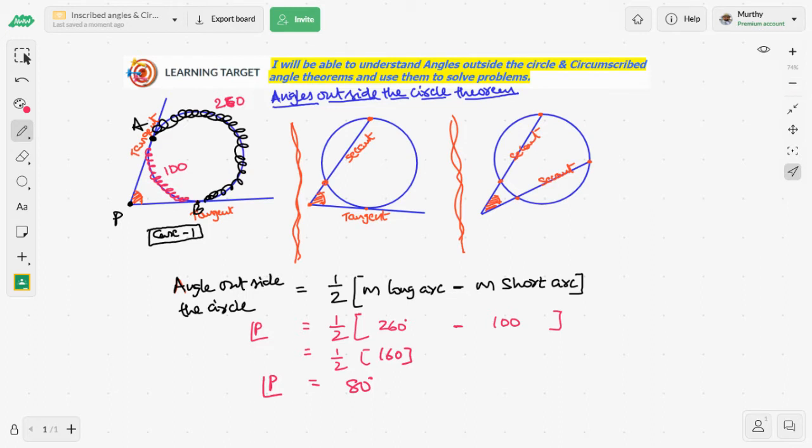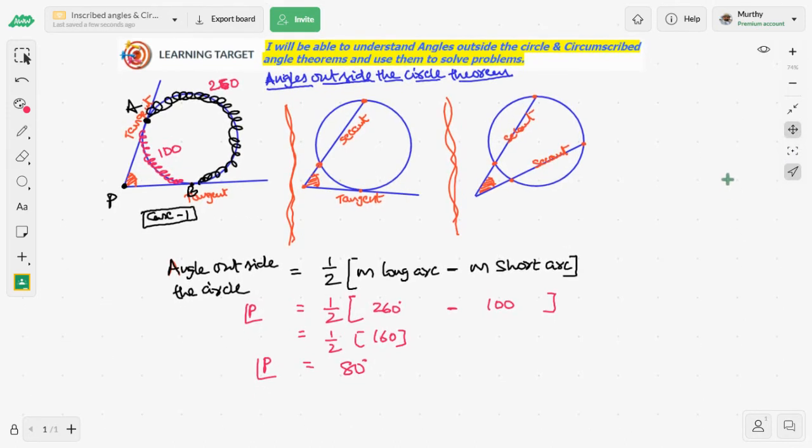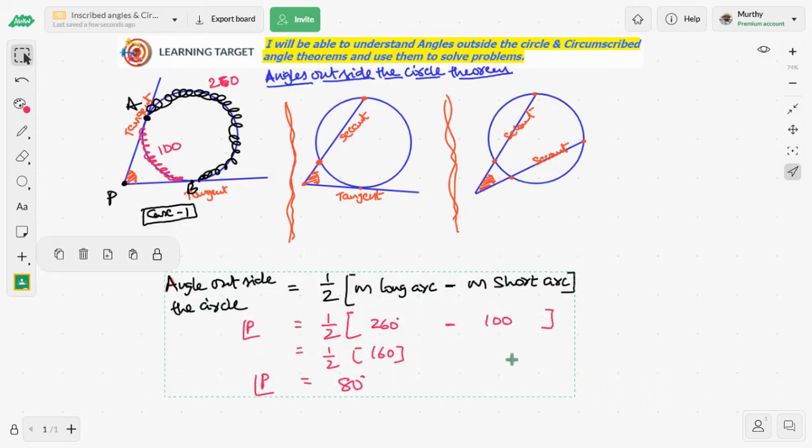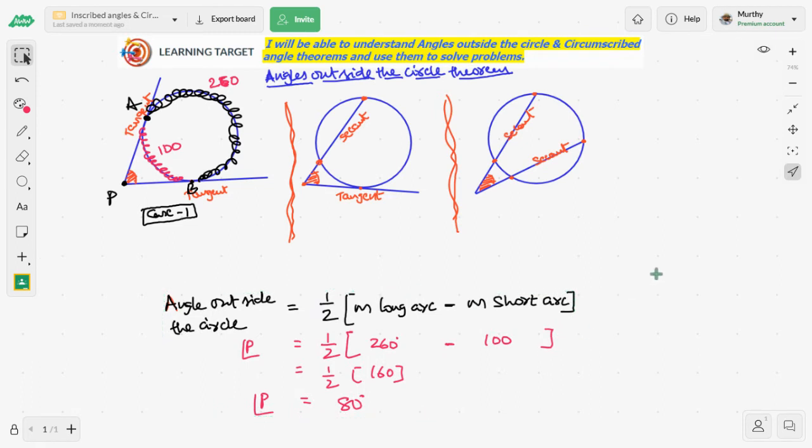I know that if you take any textbook, you may see three different formulae, but all these three give you the same idea. All these three are the same. So let me take the second case.